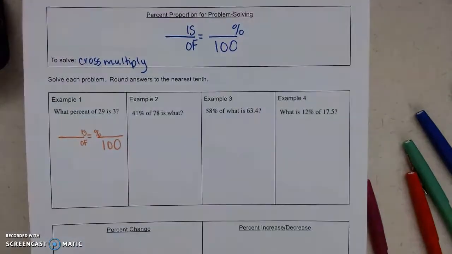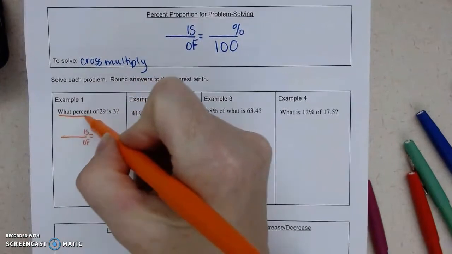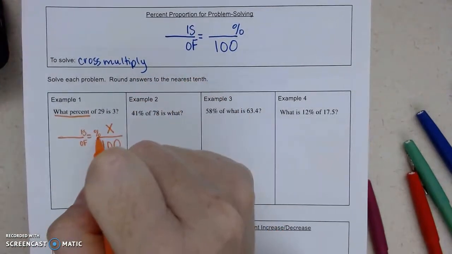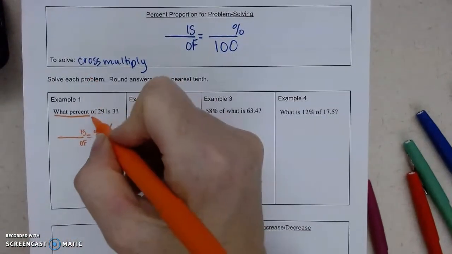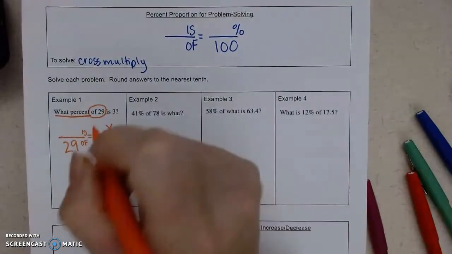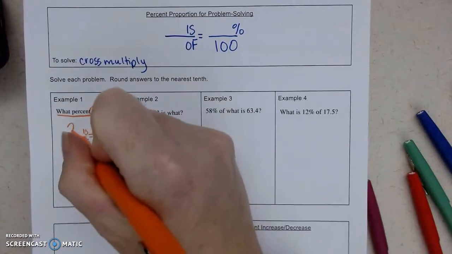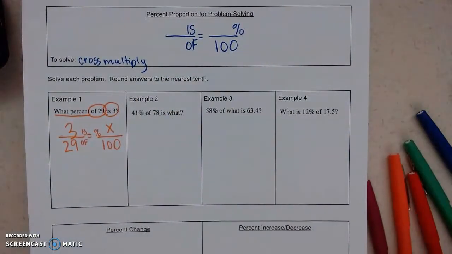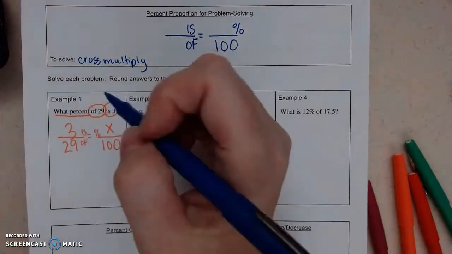Okay, so it says what percent, so see the percent, I put the what, which is x, of 29, put the 29 by of, is 3. Always works. Is, of, percent, 100.